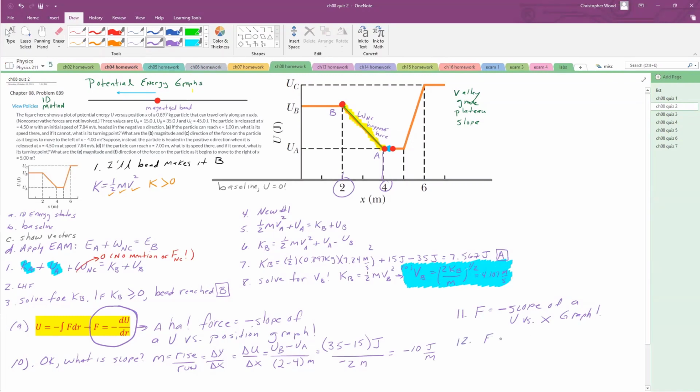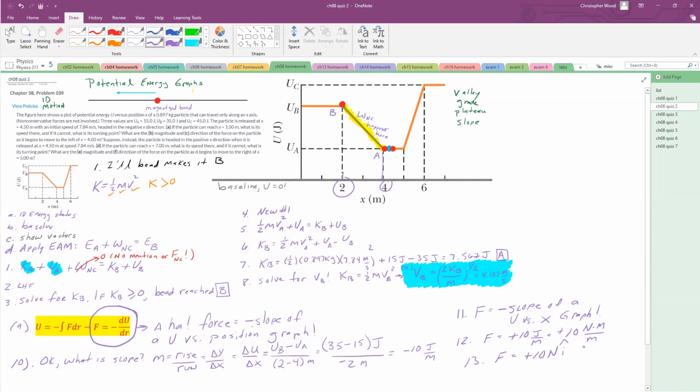The force equals positive 10 joules per meter. What is a joule? A joule is the same as a Newton times meter. That's a joule over meters, which is why the final answer is the force exerted on the red bead as it moves leftward is equal to plus 10 newtons in the i hat direction.